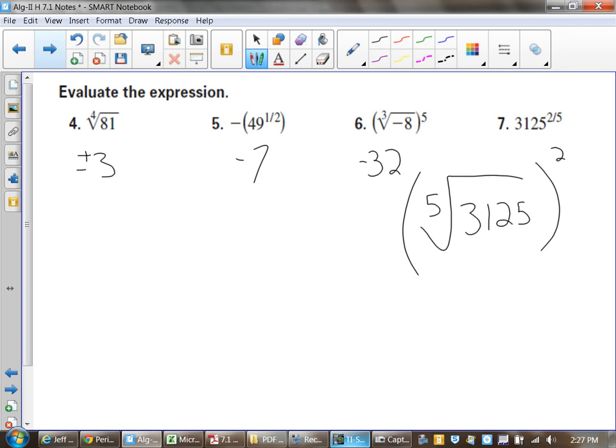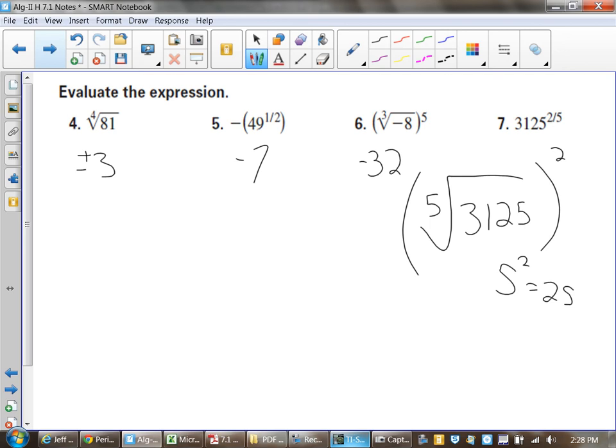What do you think 5 numbers would be that you have to multiply together that'll end with a 5? 5. The 5th root of 3125 is 5. What's 5 squared? 25. Again, what you're doing here is you're just using the power of deduction.